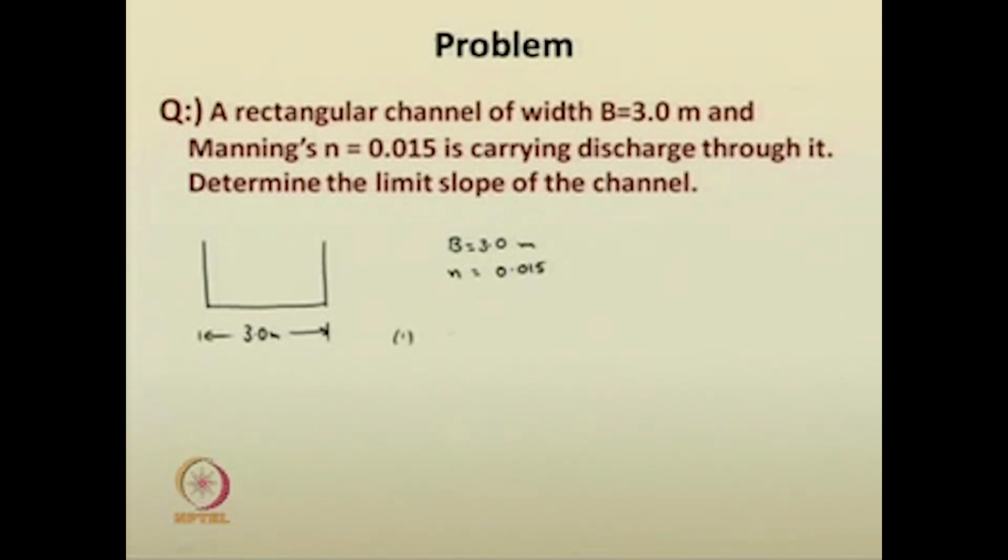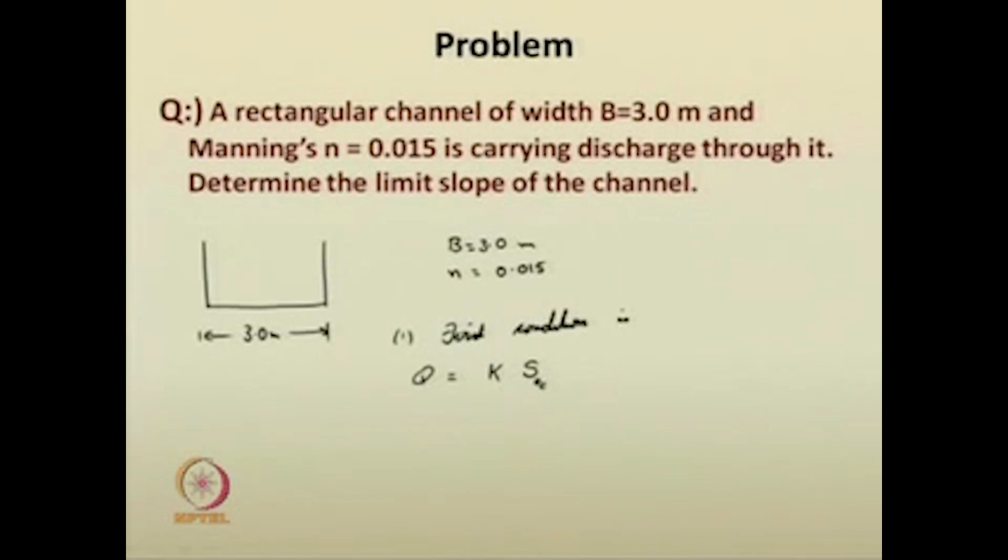First, the first condition we can suggest is your discharge Q, this is equal to the conveyance factor, and now your slope, it is a critical slope. We have already suggested that the limit slope is itself a critical slope. So, the minimum possible critical slope is called the limit slope.